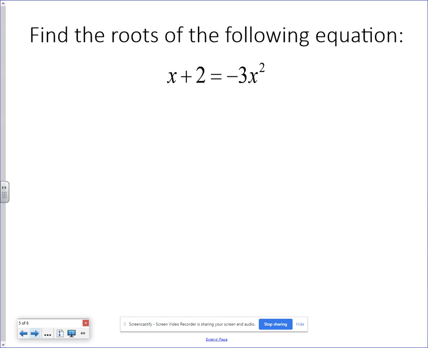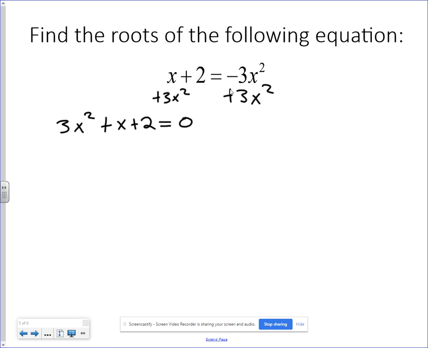We have x plus 2 equals -3x squared. So let's go ahead and put this into standard form again. We add 3x squared to both sides to make the right-hand side equal to 0. That gives us 3x squared plus x plus 2 equals 0.